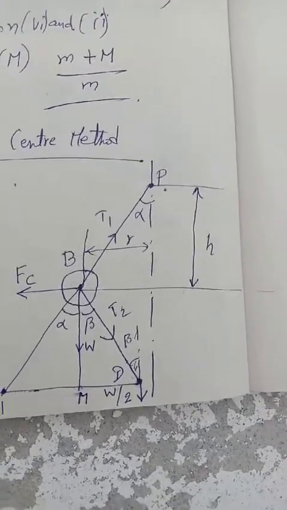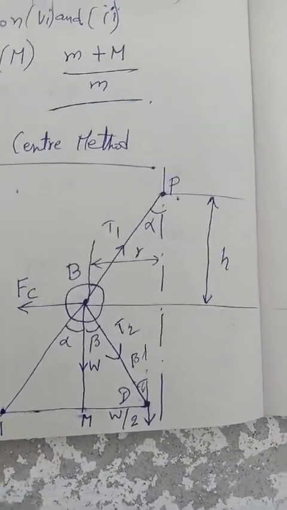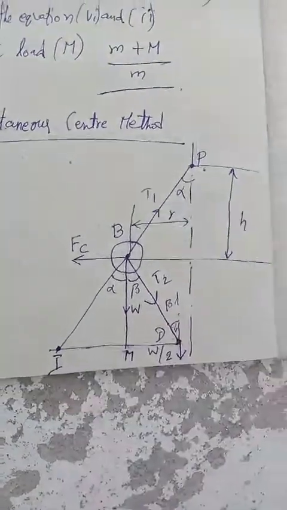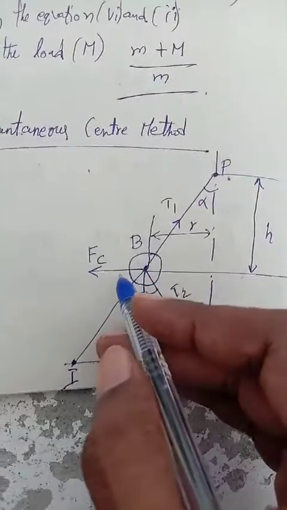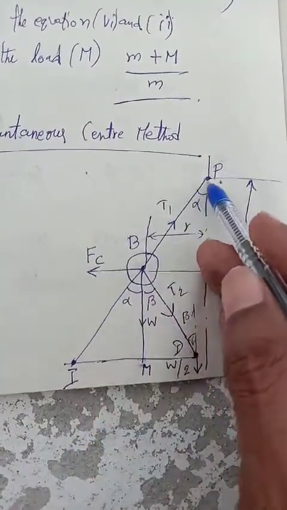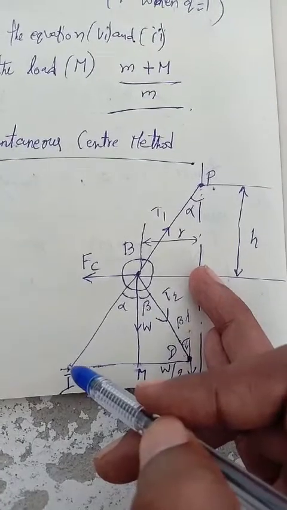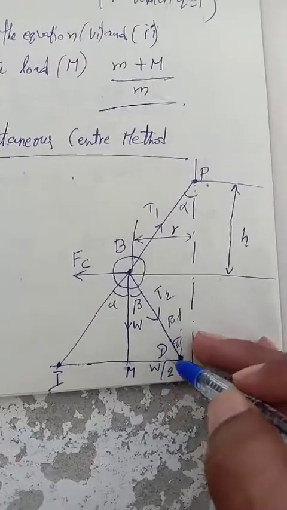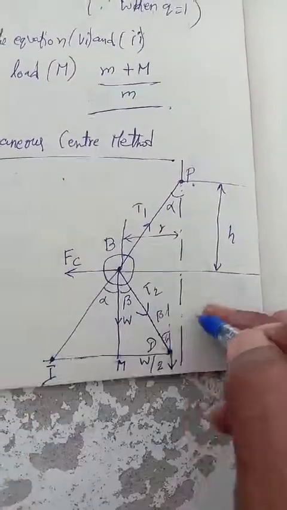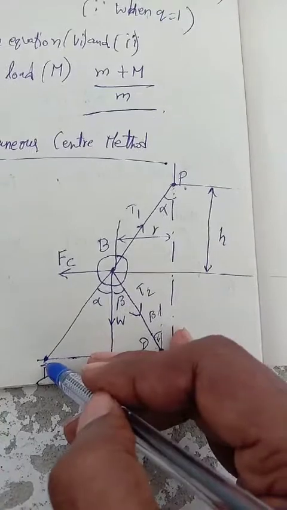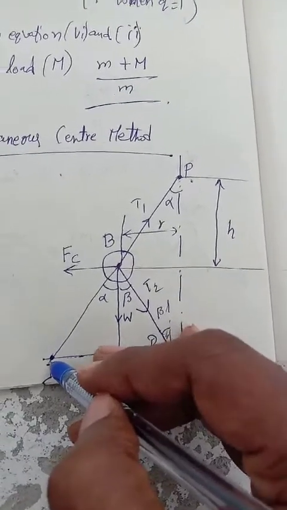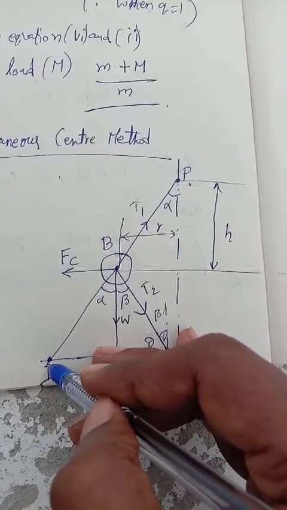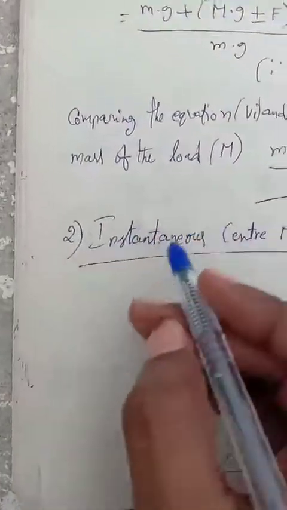The instantaneous center I lies at the point of intersection of PB produced and a line through D, produced line D. If we produce this line, the intersection point that we get is called the instantaneous center I. Now taking moments about point I.